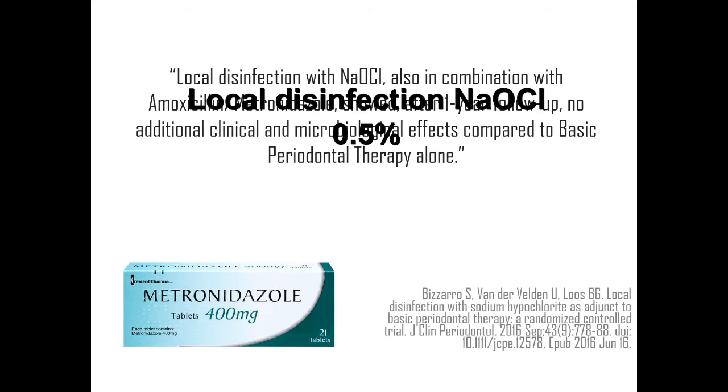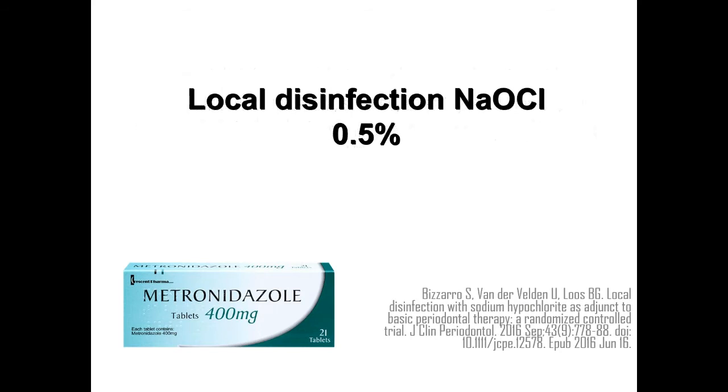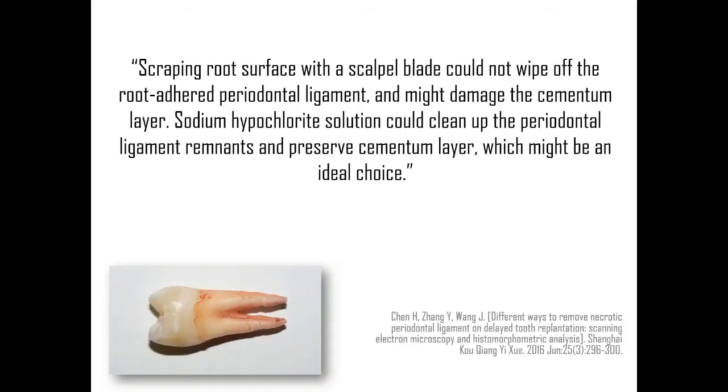So it did have value in the short term, which I think is encouraging. But Slot's work indicates you should use it as a rinse at least twice a week. Again, there's a study design there that I question.